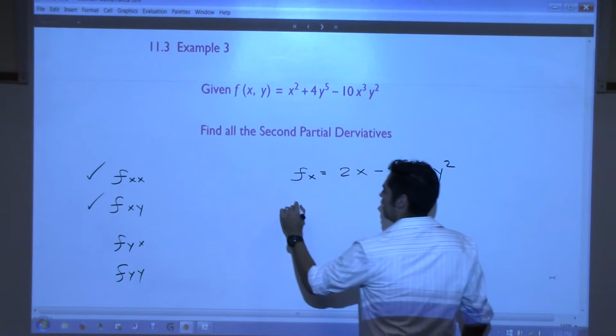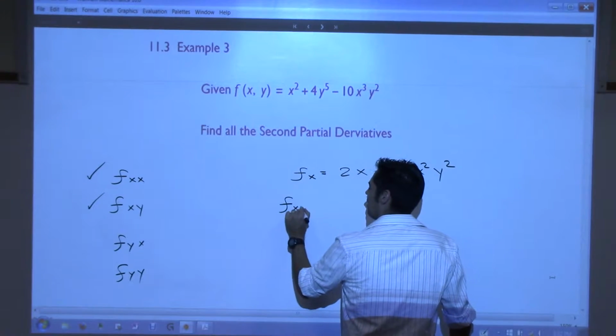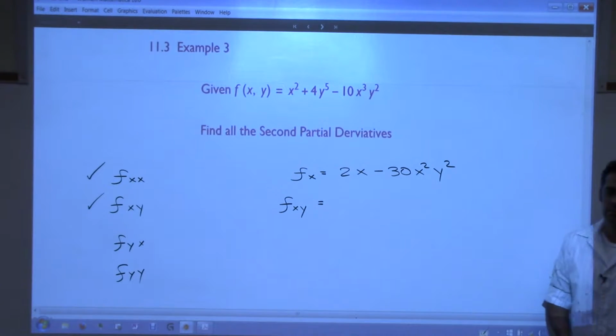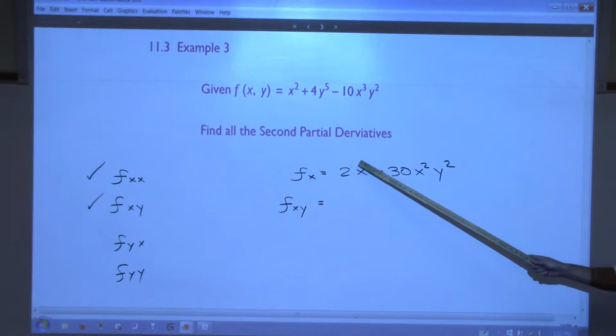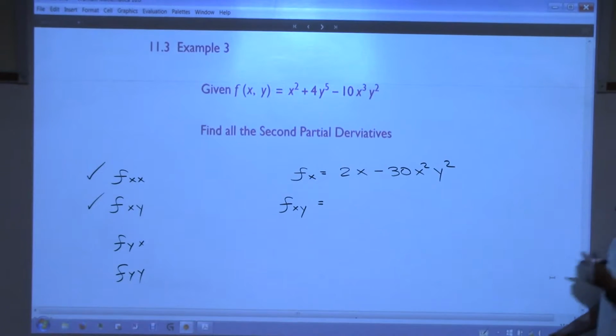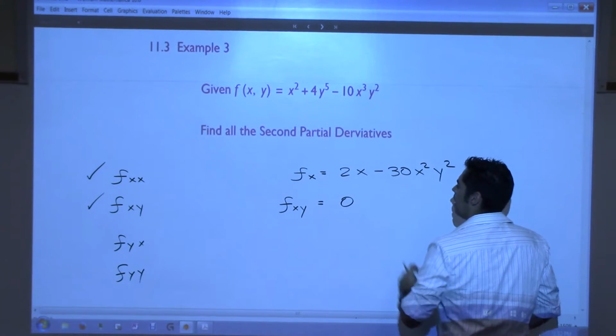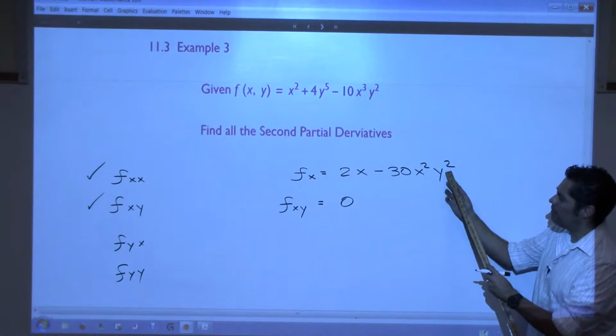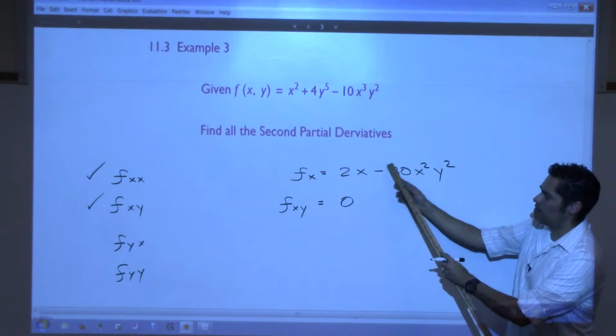All right. Now take the partial with respect to y of this. What's the derivative of this right here with respect to y? You're treating x like a constant now, right? So that's 0. And over here, you're treating y as the variable, x is a constant.